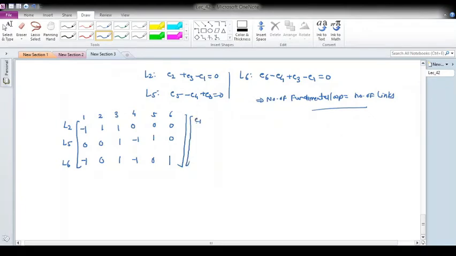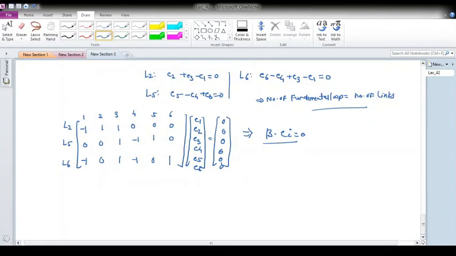This is multiplied by E1, E2, E3, E4, E5, E6, which is equal to 0, 0, 0, 0, 0, 0. So I got one equation with some matrix. A is already used, so let me use this matrix as B into E, equal to 0.